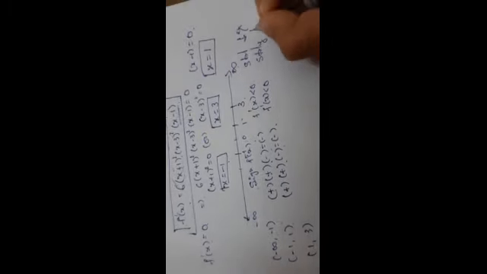If I substitute x is equal to 0, the value is minus 1, which is less than 0, so it becomes negative. So what is the sign of f dash of x? Positive into positive is positive, positive into negative is negative. So the sign of f dash of x is negative, which means f dash of x is less than 0.